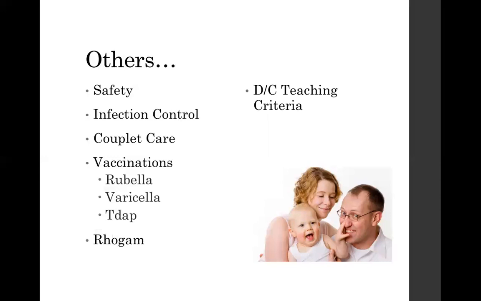Some things that moms might ask about would be birth control. They can talk to their provider about that. If mom is breastfeeding, we don't want her to rely on that for birth control.